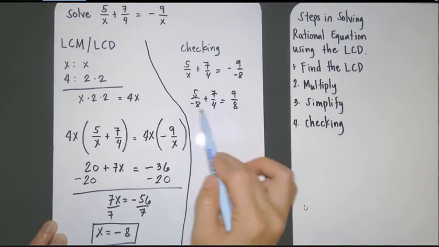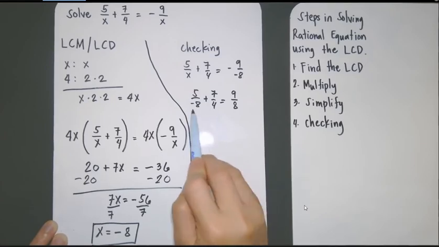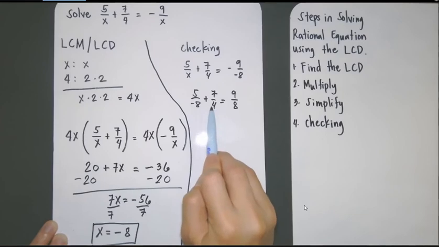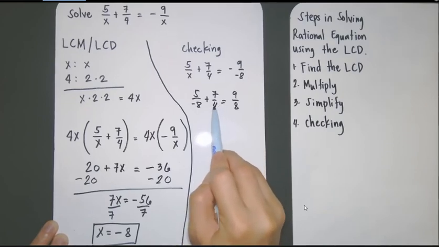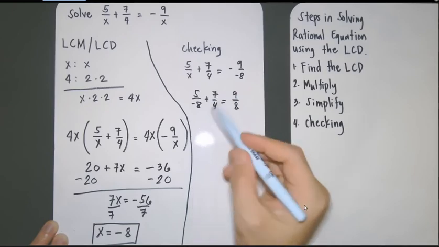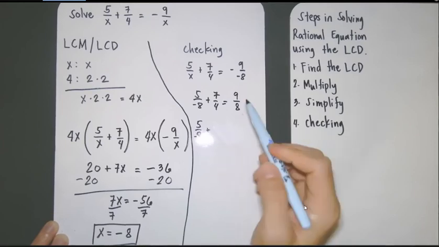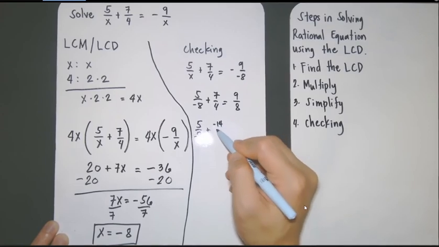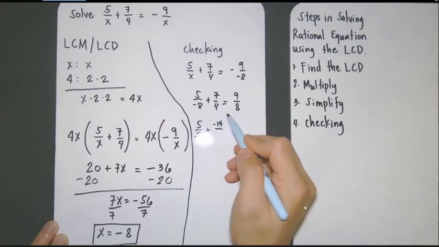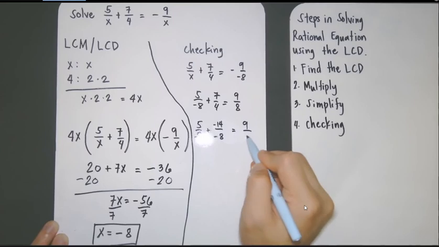Now we have fractions with different denominators, but remember, your goal is to have the same denominator, that's -8. Can we turn that 4 into a -8? Yes, by multiplying by -2. If you multiply 4 by -2, you also multiply your 7 by -2. So 5 over -8 plus 7 times -2, that is -14, over 4 times -2, that is -8, is equal to 9 over 8.